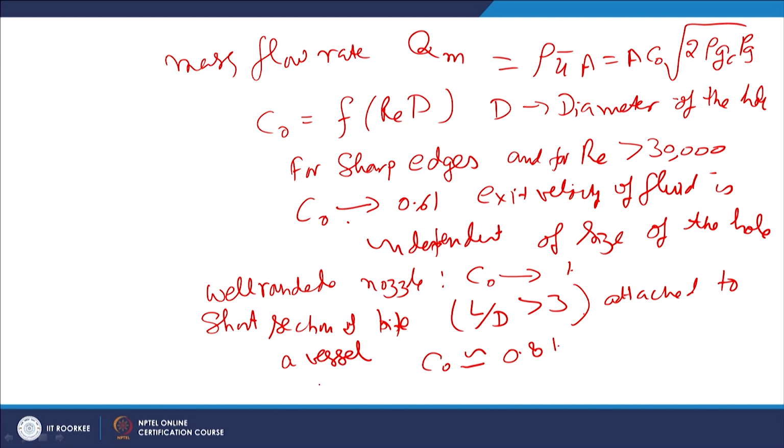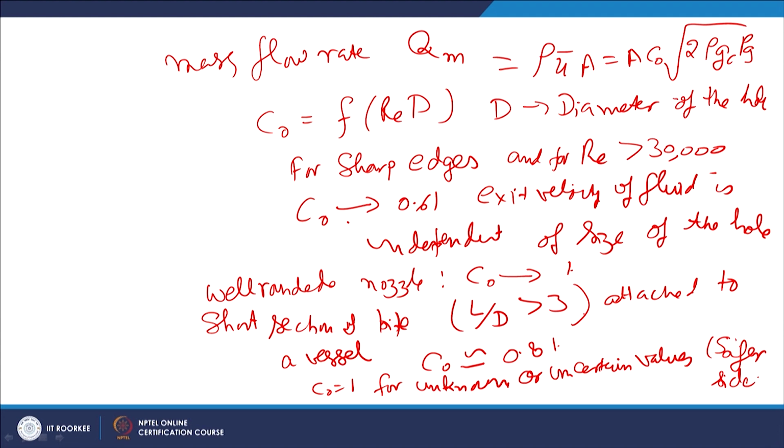So you may use C naught equal to 1 for unknown or uncertain values, to be on the safer side.